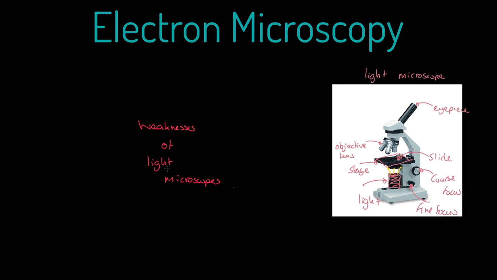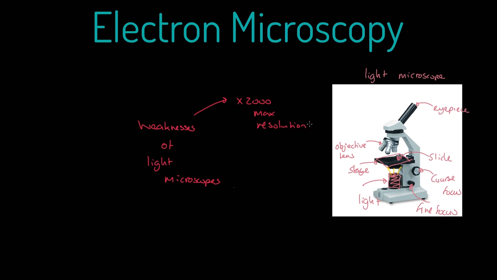So what are some of the weaknesses of these microscopes? Well, first of all, they can only get to approximately 2,000 times resolution, or max resolution. Now that sounds like a kind of big number, but in a moment when we're talking about the electron microscopes, we're going to realize that millions of times of magnification is absolutely possible and achievable, albeit in quite expensive conditions.